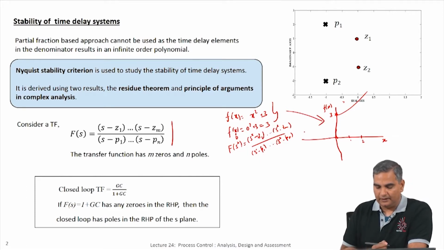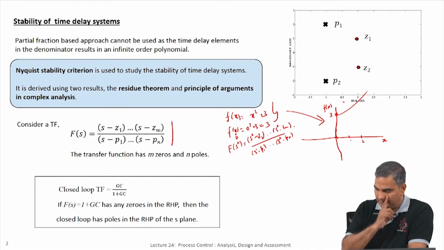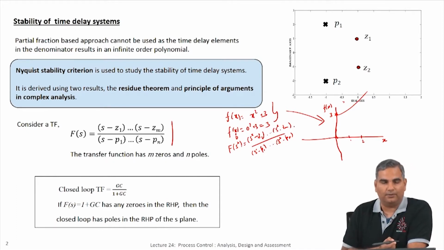Now, if I were to think about plotting this in a similar way, I cannot just do it with one plot. The reason is the following. Number one, the argument x here has only one value. Of course, from a complex number viewpoint, s has a value, but that s has a real part and an imaginary part.